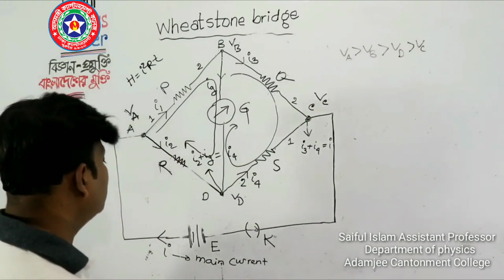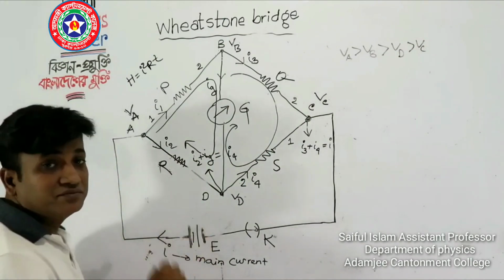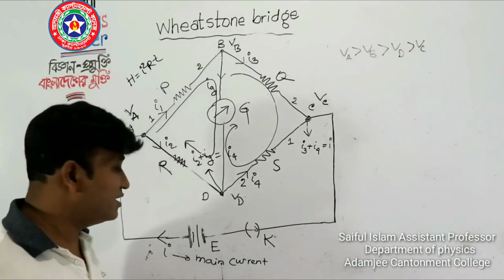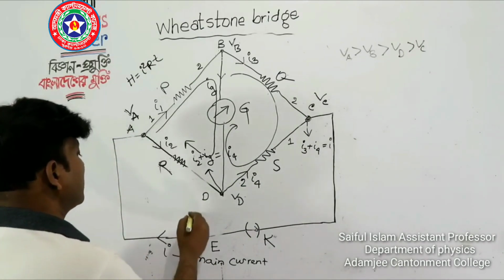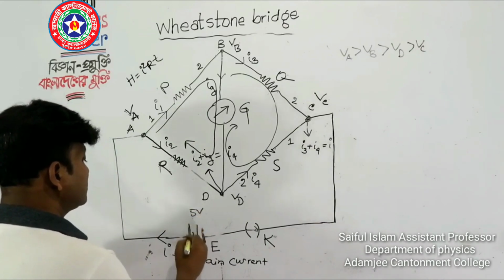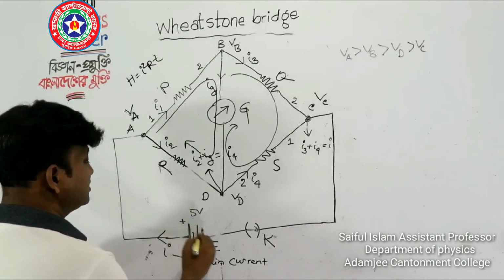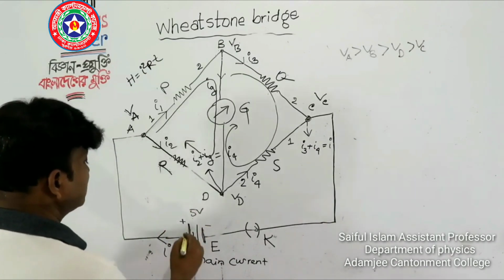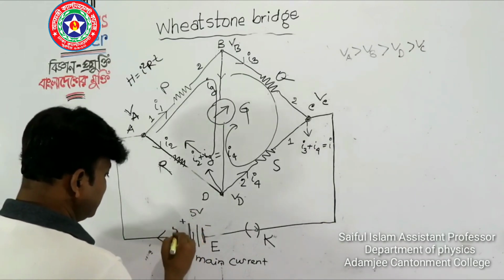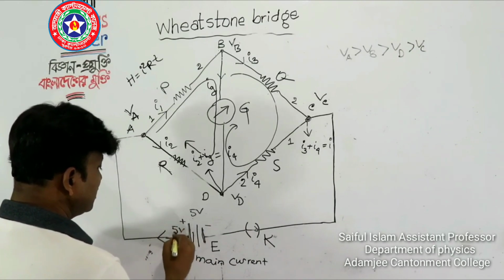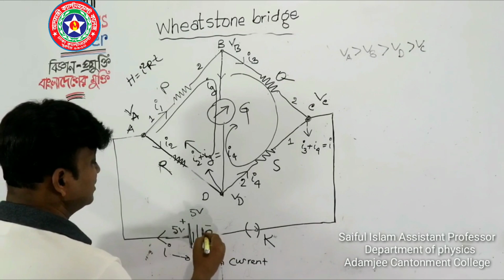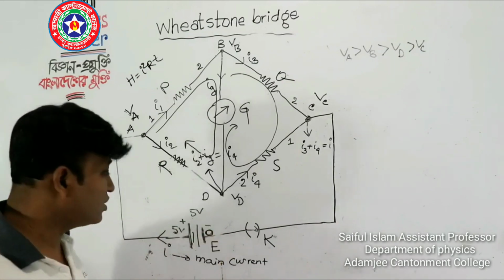Now here is the battery. We consider that the EMF value of this battery is 5 volts. This terminal is positive and this terminal is negative. You know the potential at the positive terminal is 5 volts, and the potential at the negative terminal is 0 volts.